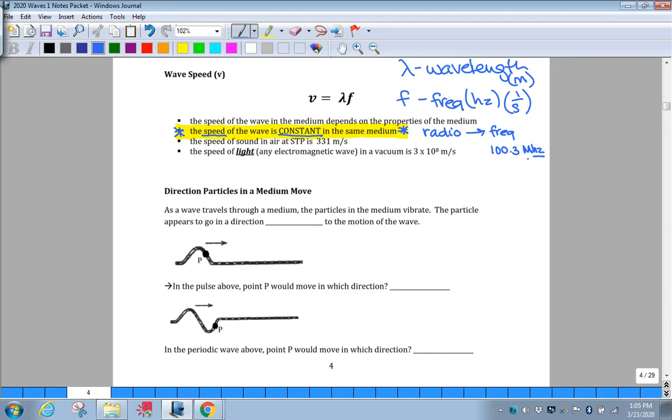And whether you're listening to this radio station or another one, like 106.1 megahertz, they have two different frequencies. They would have two different wavelengths. But since they're the same type of wave, they would have the same speed in the same material.